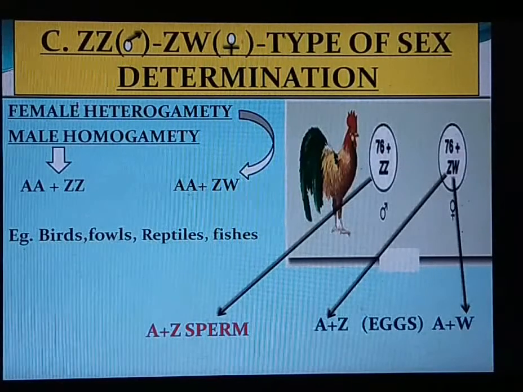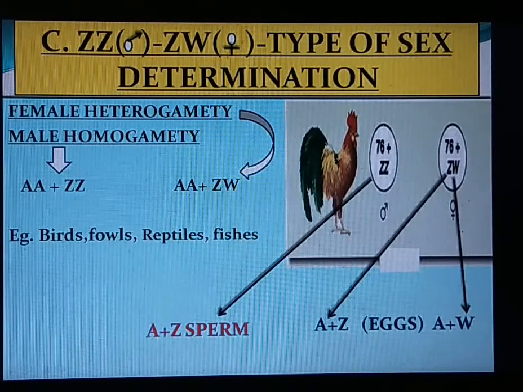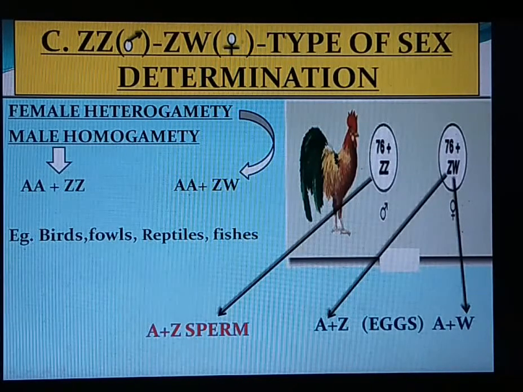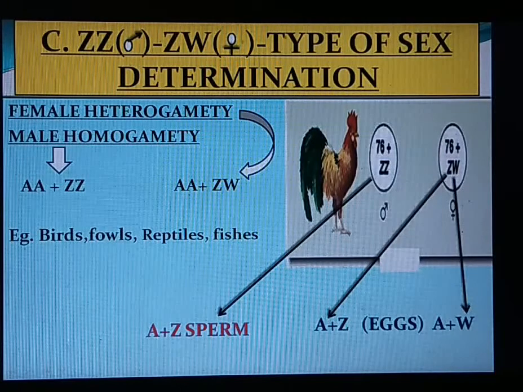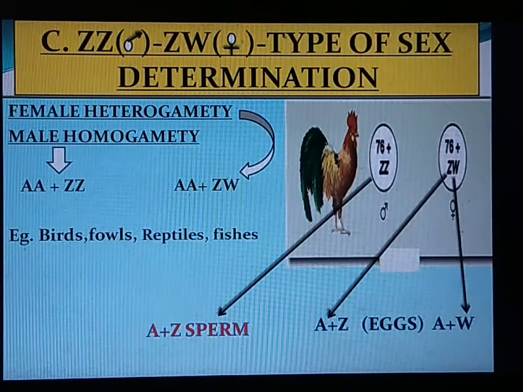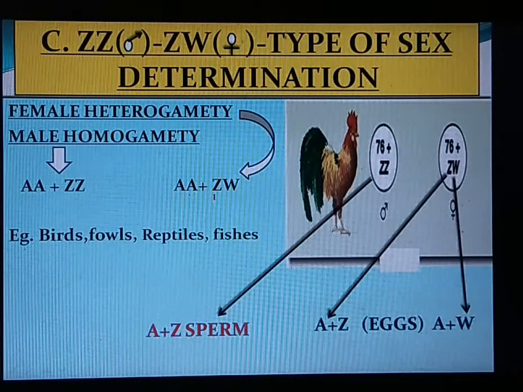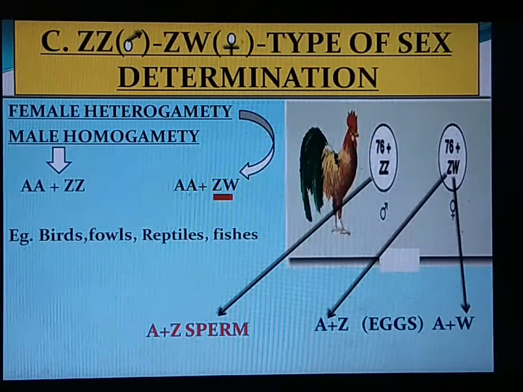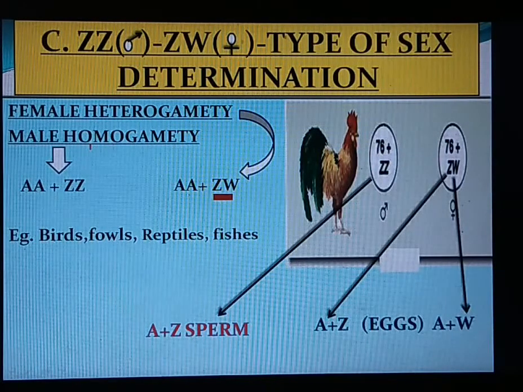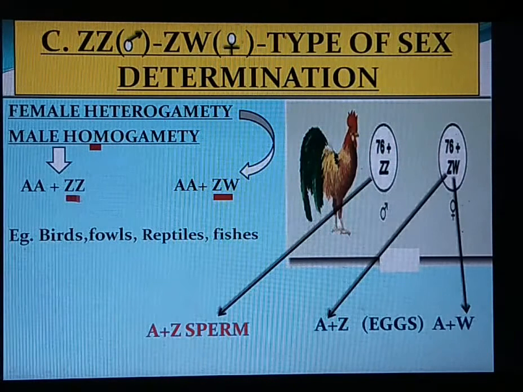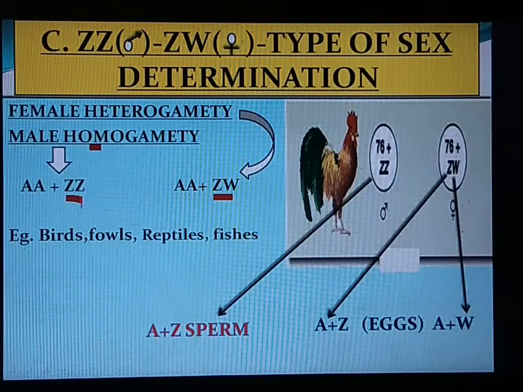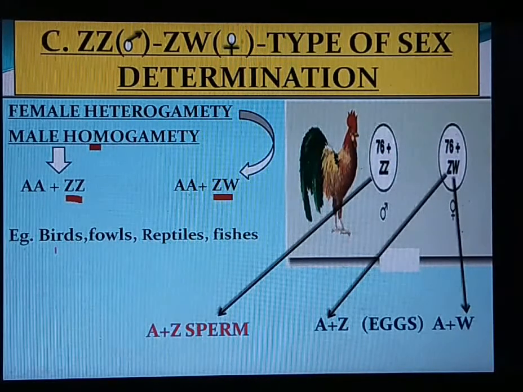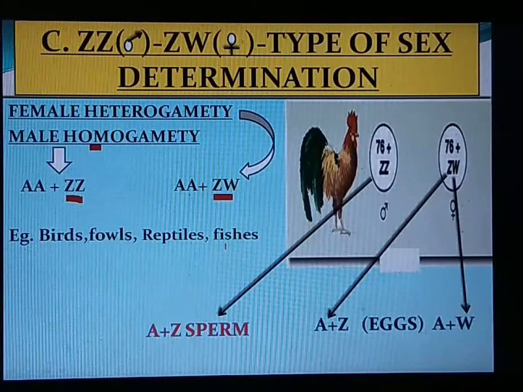The first type is ZZ and ZW type of sex determination. So here we see female heterogamety, since two different kinds of gametes are formed here, whereas males are called homogamety since they have similar kinds of sex chromosomes. This we see in most birds, fowls, reptiles or fishes.